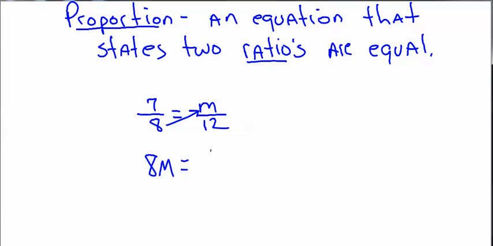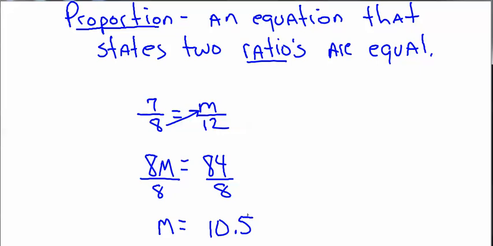And I think that is 84. Now you've got it in the form of an equation that you've practiced a lot. So you just divide each side by 8, and m is going to equal 10.5. Okay?